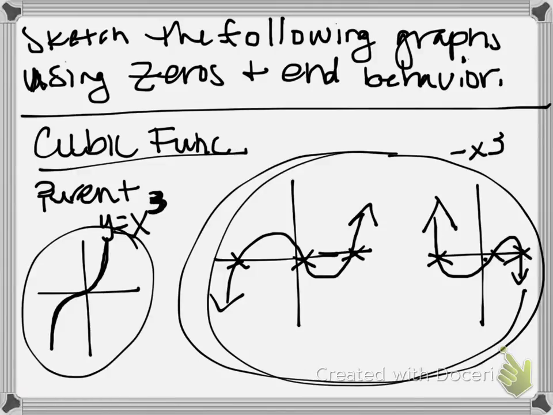Usually you have 3 zeros for a cubic function. So we're going to utilize the problems that you had in 6-2 where it said then sketch the graph. It was number 19 on page 311.